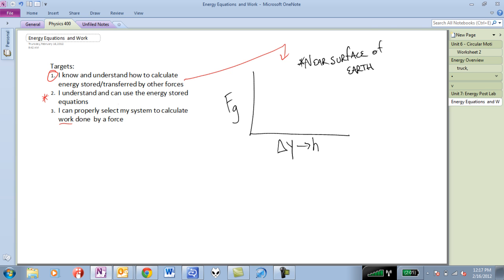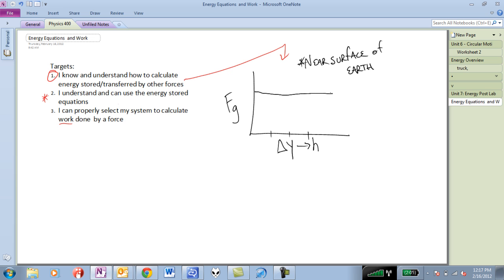Does it increase, decrease, or stay the same? Thinking about this one, hopefully you realize, wait a minute, Fg doesn't change. It doesn't matter if I'm at ground level or if I'm 10 meters in the air. Does Fg change? No. So this graph looks pretty nice and easy for us. No matter what my height is, Fg is staying the same. That should be a nice horizontal line.